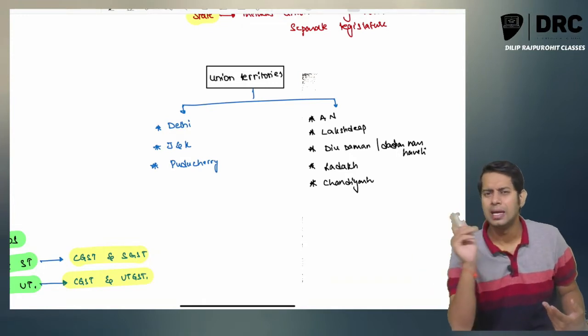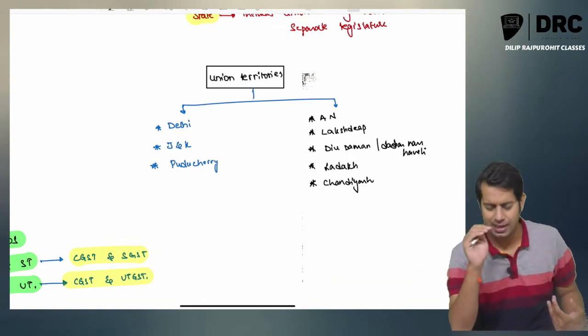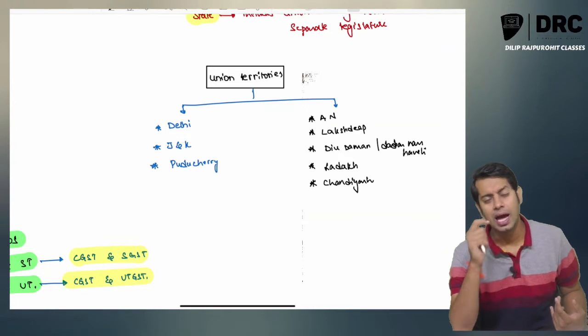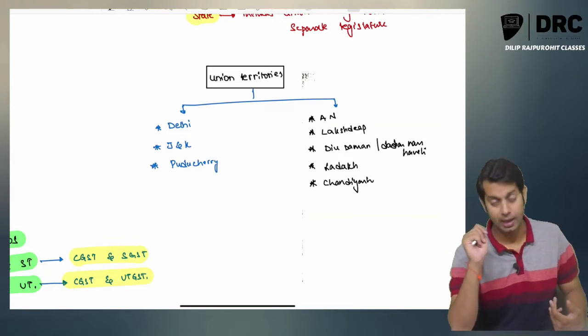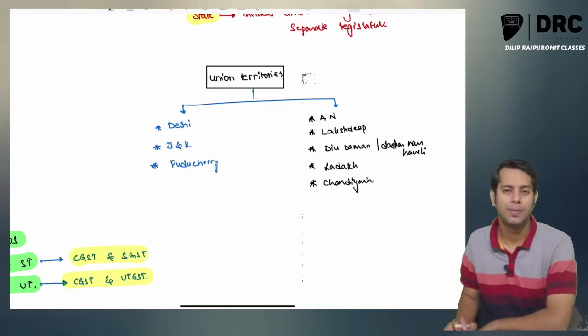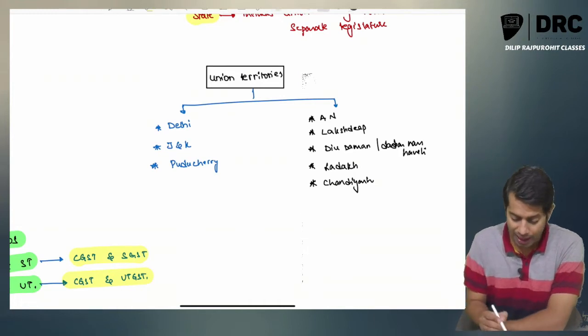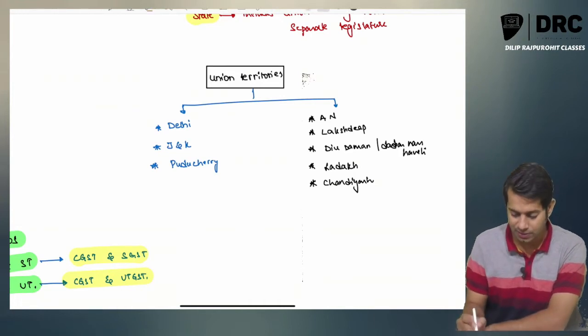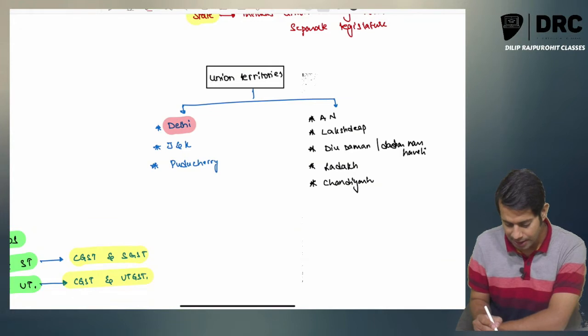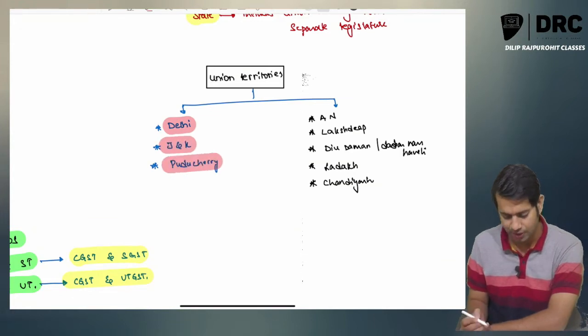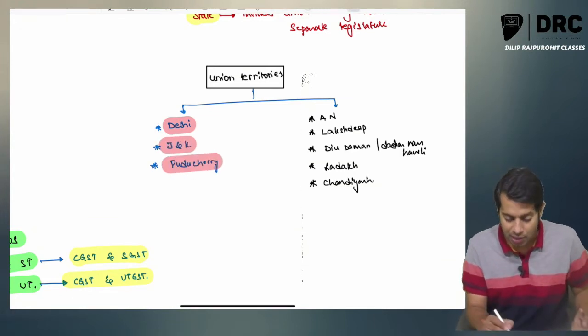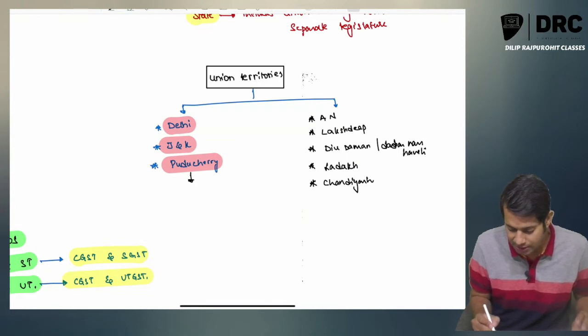But sir, Delhi is a union territory. Correct, and Delhi has a chief minister, Arvind Kejriwal. That is the reason I have divided them into two arrow marks. There are 3 union territories which can have their own legislature, meaning they can make their own government.